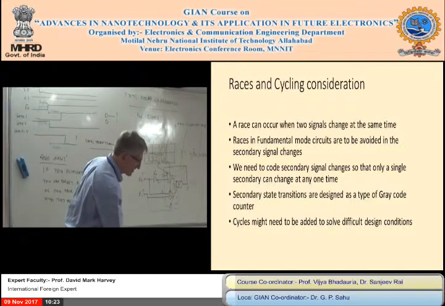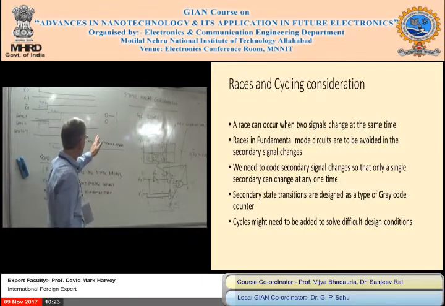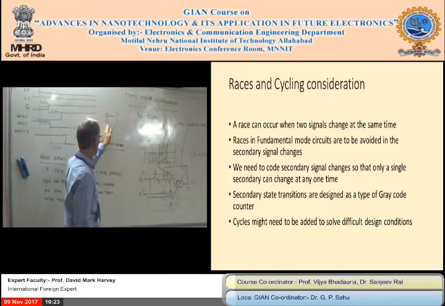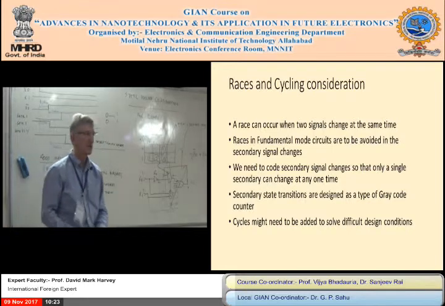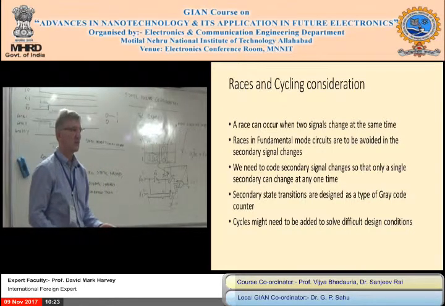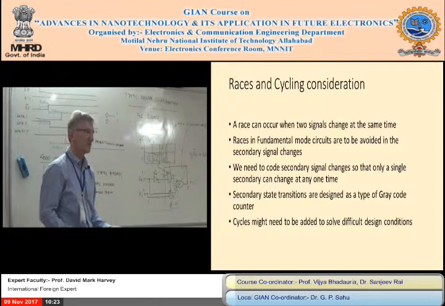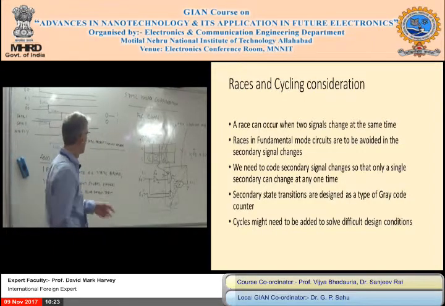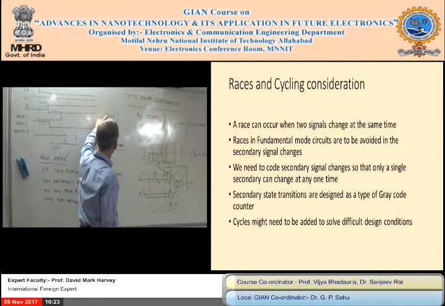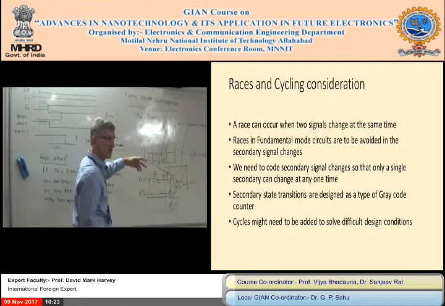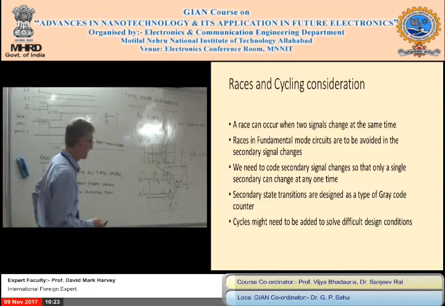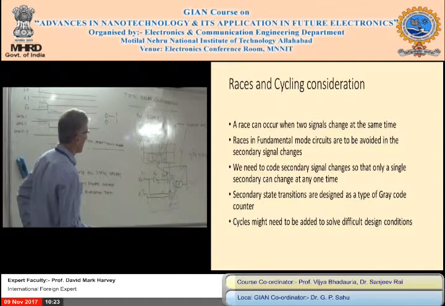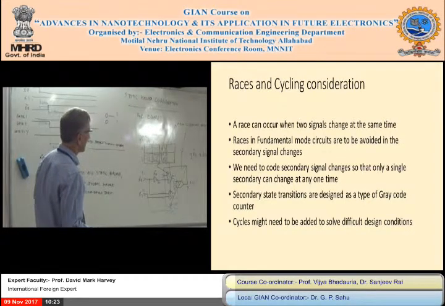I think I did mention it earlier, but we don't know if you have that situation, going from 0, 0 to 1, 1, which signal will change first. And for this type of circuit which has memory and feedback, you could go 0, 0, 1, 0, or 0, 0, 0, 1. It'll take you to the wrong state. So it should be avoided because it'll take the secondary out of step.